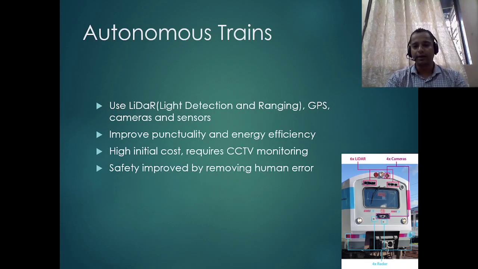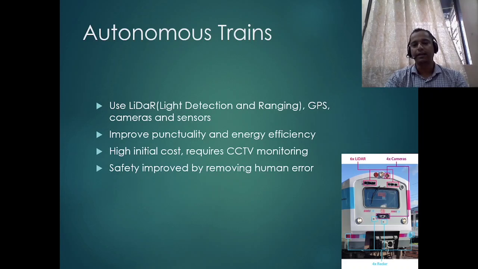So we have lidar, which helps us identify through laser or light beams. The second one is the camera, to take the real world image, process it and give it to the system, that's our microprocessor. The third one is radar, which is also used to identify any object nearby.